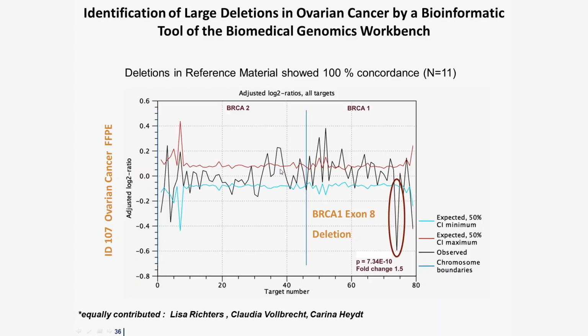In black it's the signal of the sample. And you can nicely see that you have here a BRCA1 exon 8 deletion. And that was also confirmed by MLPA, and we had in this reference material 100% concordance of these 11 samples.